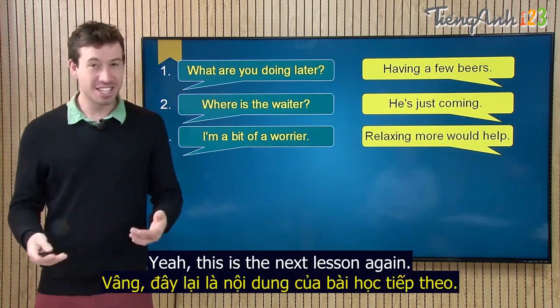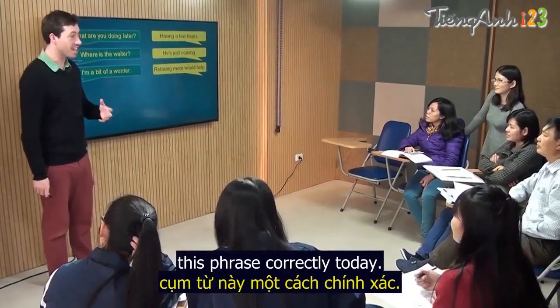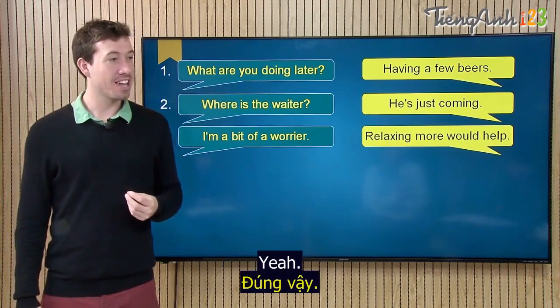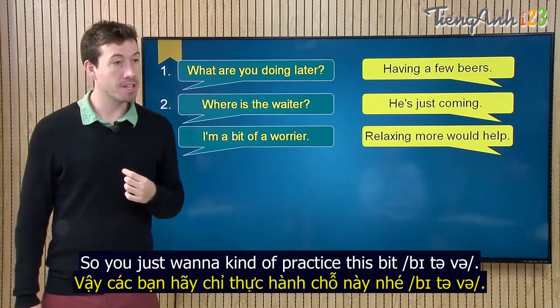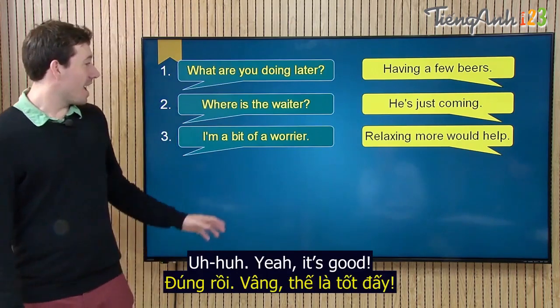This is the next lesson again, but just so we're saying it phrased correctly today. I'm a bit of a worrier. So you just want to kind of practice this bit of a. Yeah, bit of a. Yeah, it's good.